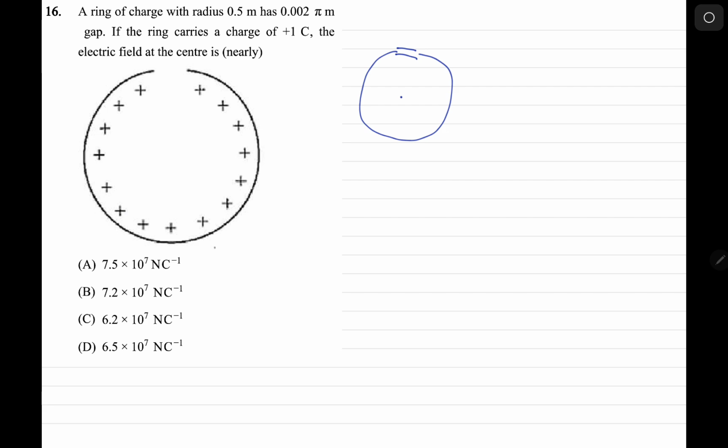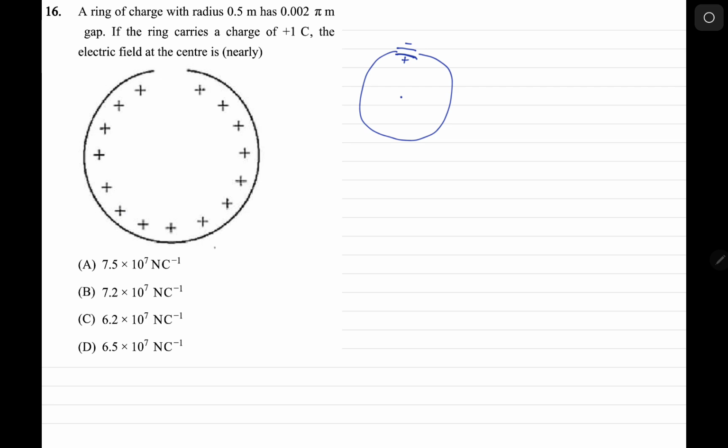So I'll try to make it symmetric. Two identical elements I place very close to each other, not touching. One has a positive charge, one has a negative charge, so the charge is also balanced. This element with the positive charge will make the ring full with a uniform distribution.